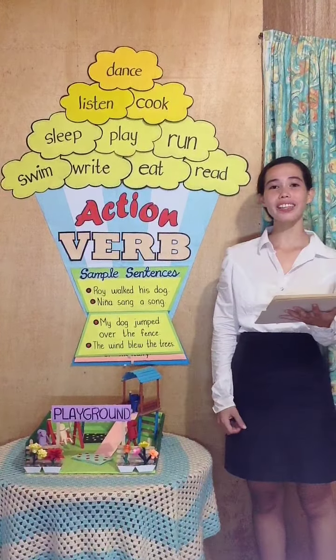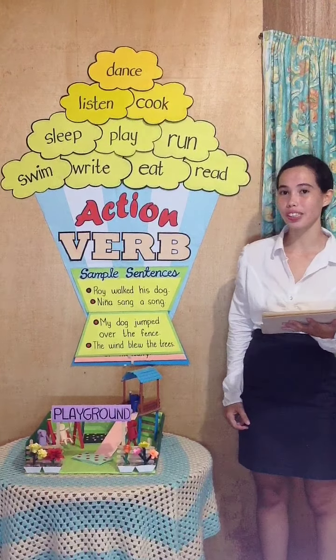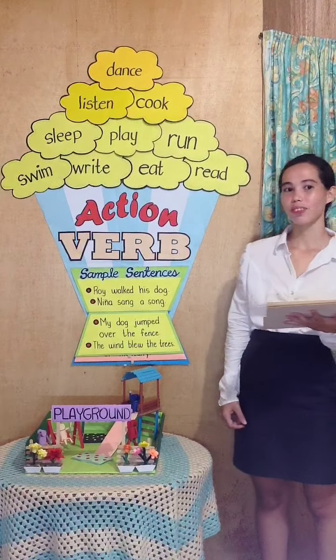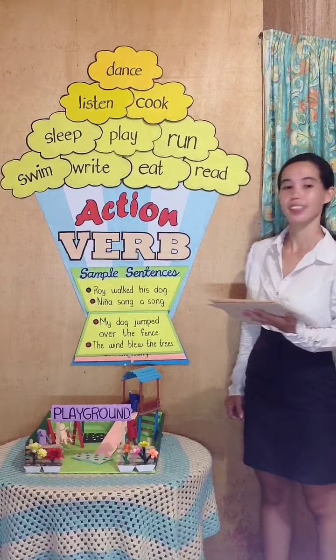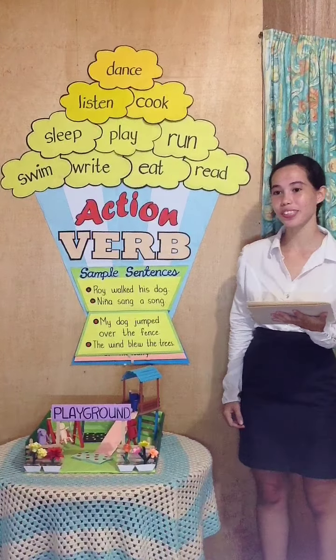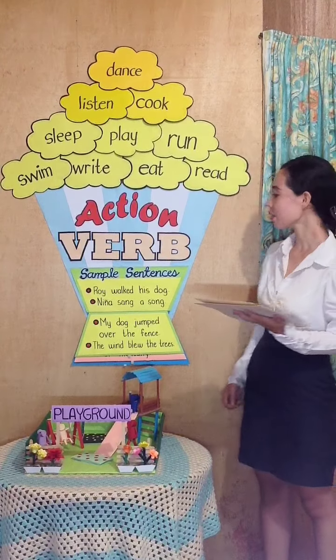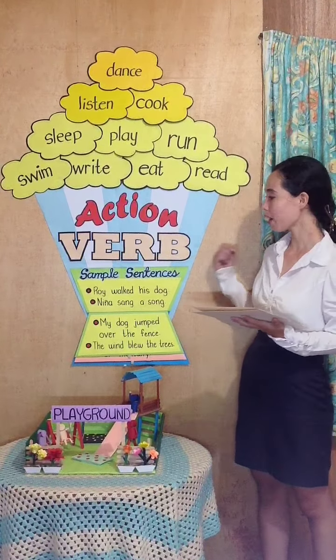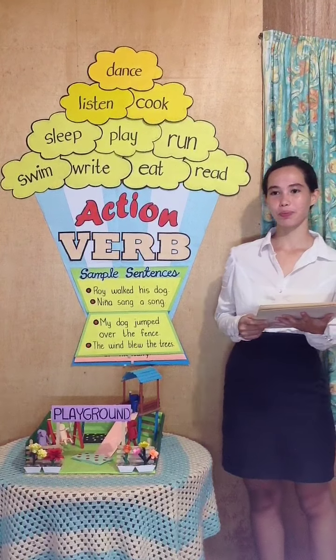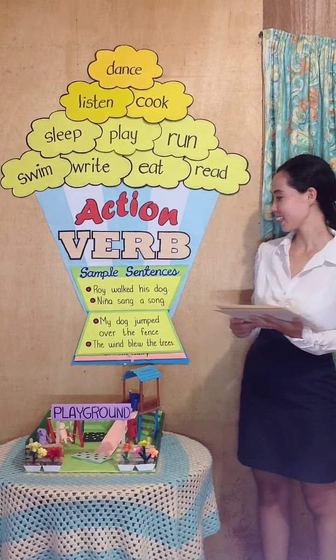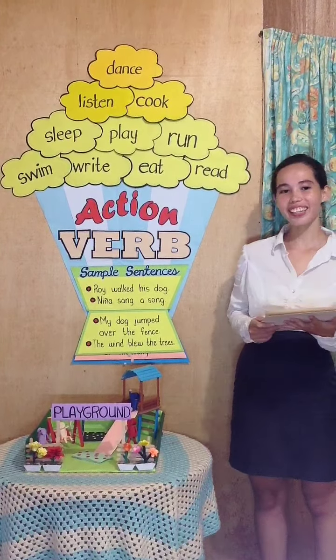So, who can identify the action words used in the sentences? For sentence number 1, yes, De La Cruz. Okay, very good. It is the word walked. How about in sentence number 2? Yes, Fernan. Okay, that's correct.